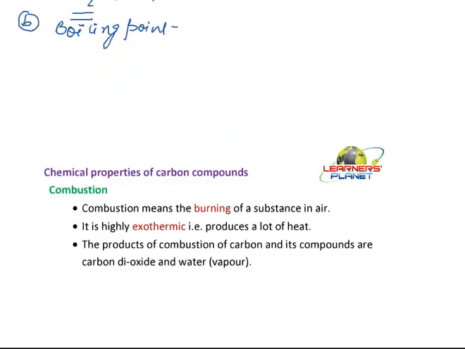Now coming back to our compounds. When I am moving down the homologous series, let's take the simplest one, alkane. What is the next member of the series? We have CH4, the next member is C2H6, then C3H8, then C4H10. Now what is happening? The length of the carbon chain is increasing.